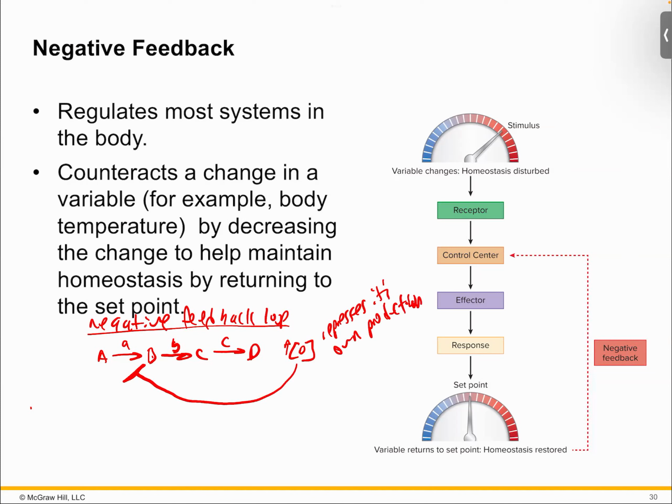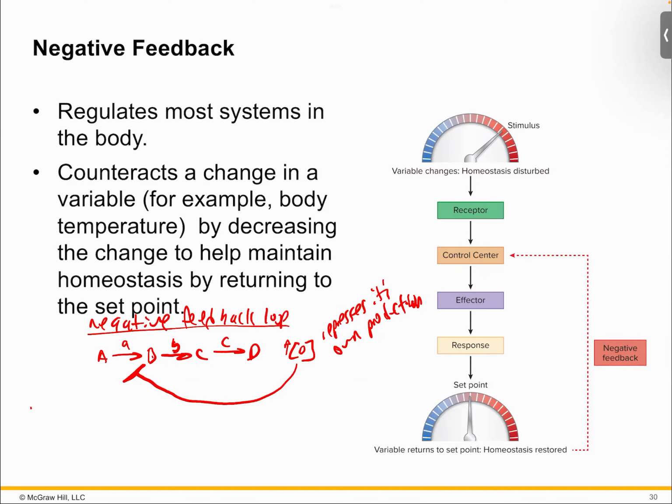So basically it'll come back, and when I try to write the T, that's a repression. So it will repress it. So it'll shut down A. If you shut down A, you shut down the whole process, right? So you basically shut down D. It's kind of like a circuit breaker, if you will, right? So you get too much D and it'll actually shut its own production down because you've got enough. And that's a negative feedback loop. That's one way that you can control how much of this you have.